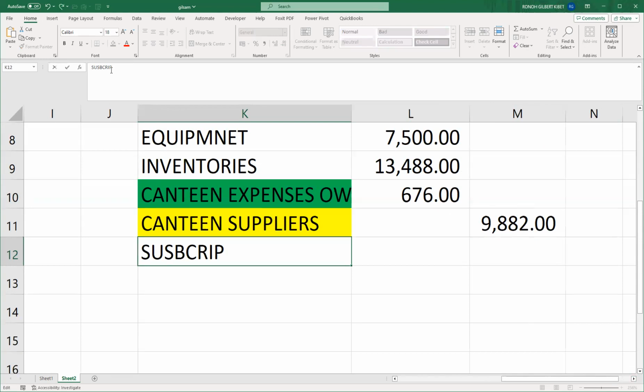What about the statement of receipts and payments, the table up here? Are we going to include anything from there?